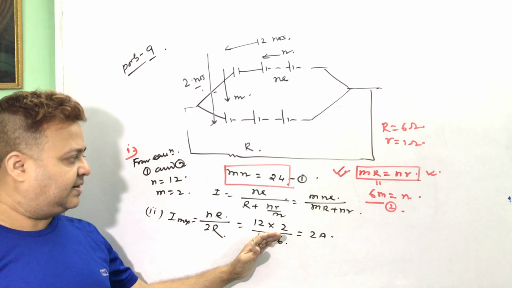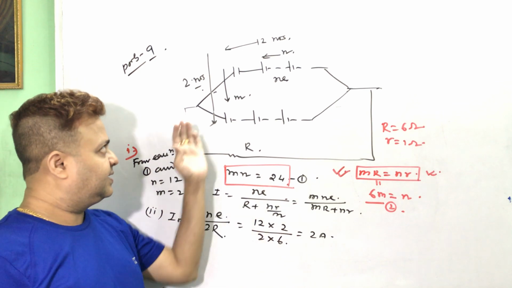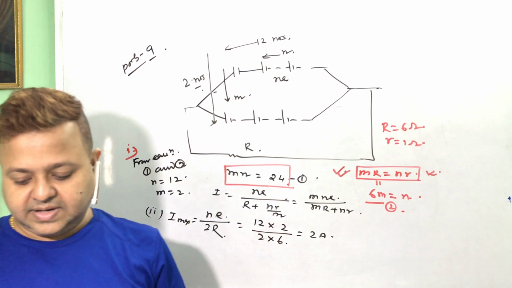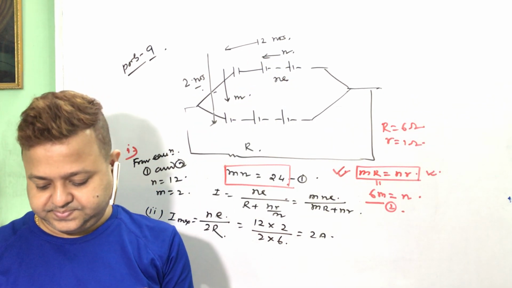This is the maximum current flowing in the circuit, and this is the connection diagram.